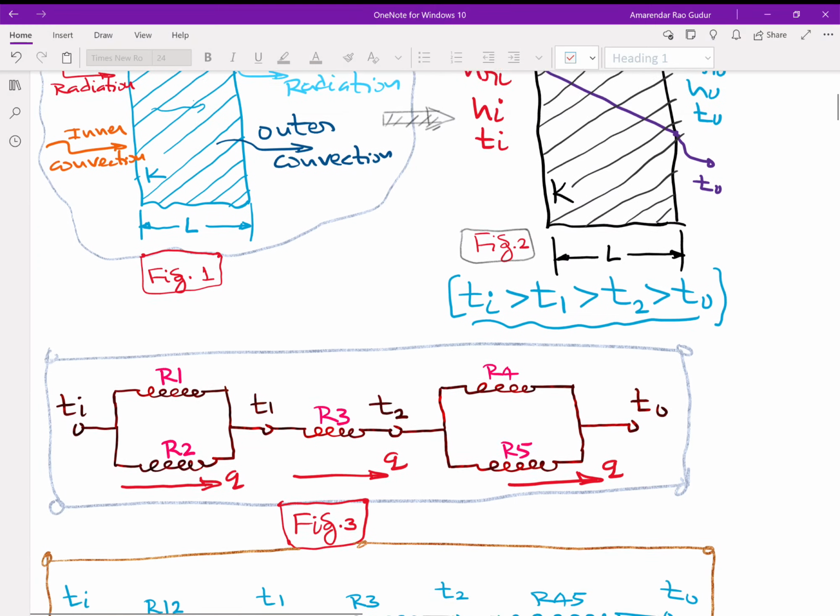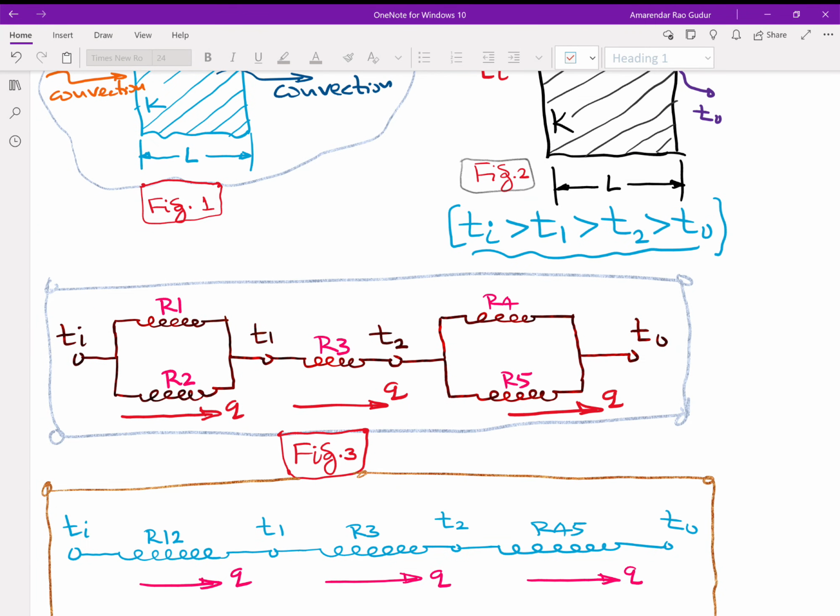And the corresponding circuit diagram looks like this. Since radiation and convection are happening simultaneously, the corresponding resistances will be acting in parallel between Ti and T1. Then there is going to be conduction. Again, there is going to be outer radiation, outer convection occurring simultaneously, therefore two parallel resistances.